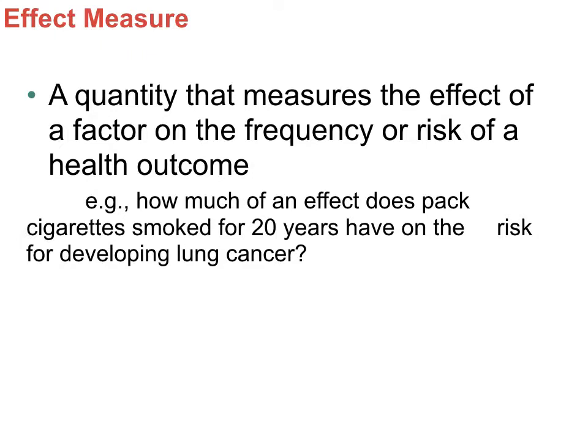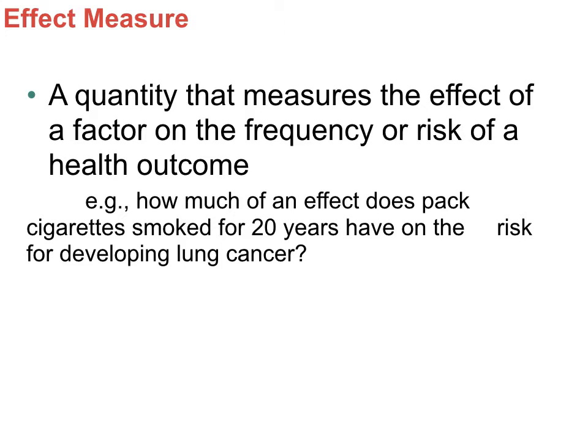So, effect measures quantify the effect of a factor on the frequency or risk of a health outcome. Some of the measures of effect that we've used so far are relative risk and odds ratios. The one we use, or the most appropriate one, will be based on the study design itself. An example would be, how much of an effect does packs of cigarettes smoked over 20 years have on the risk of developing lung cancer?